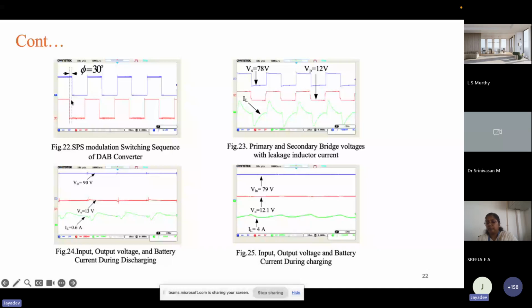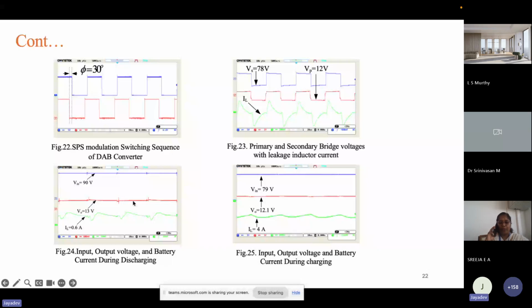You can see we have given a 30 degree phase difference, and with that, the primary and secondary bridge voltage with the leakage current is also plotted. In figure 23, we can see the input voltage levels and output voltage levels with the leakage inductor current variation.